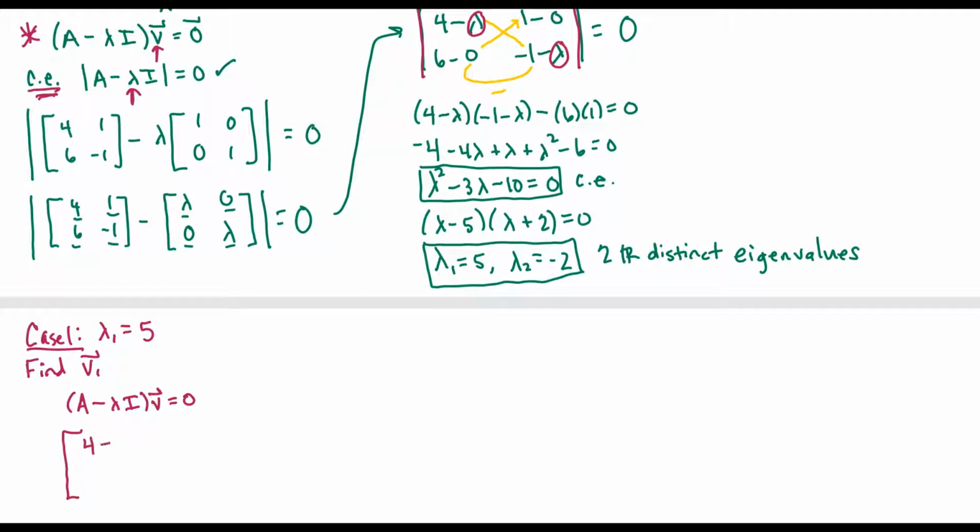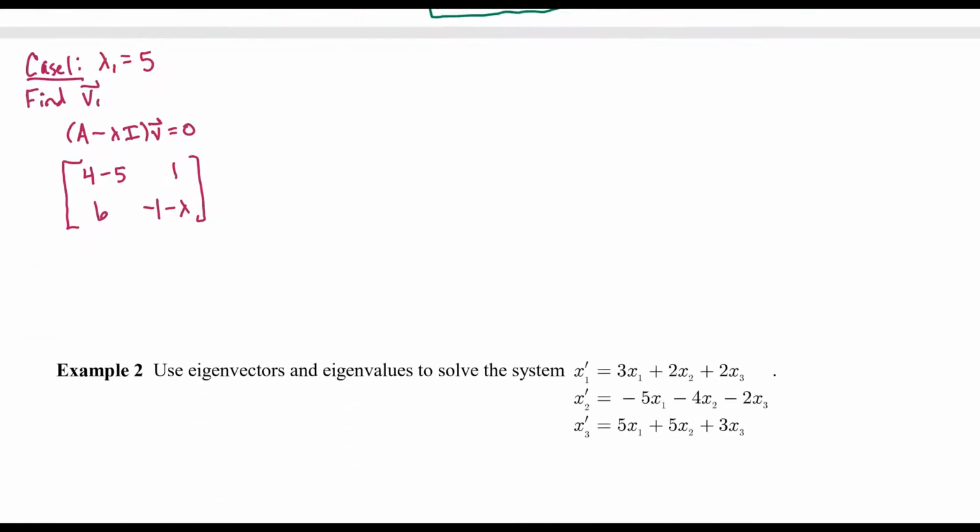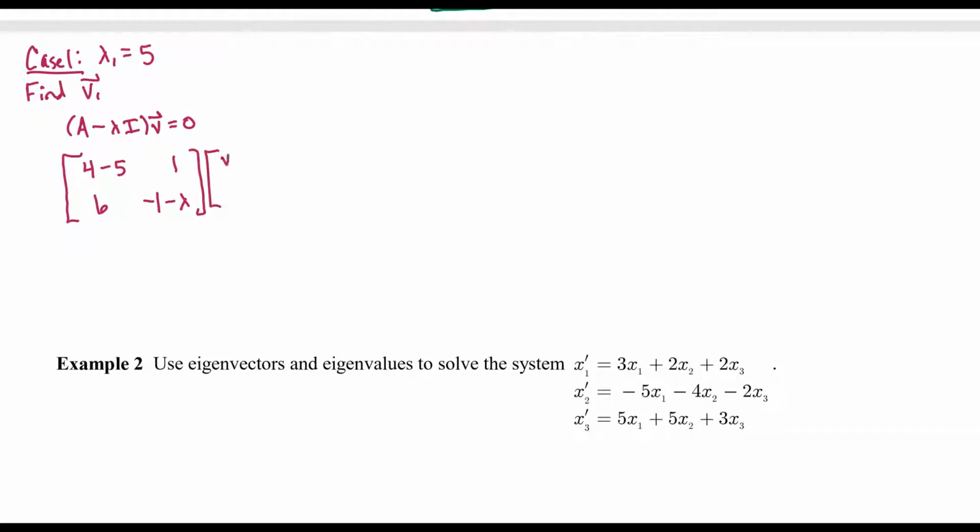I'm going to show all the work on this one. [4 minus lambda, 6; 1, -1 minus lambda] times eigenvector with representatives v sub 1 and v sub 2 equal to, forgot my vector hat up there, equal to 0, 0. So when we simplify this matrix equation, I forgot to plug in a 5, didn't I? We end up with something that looks like this.